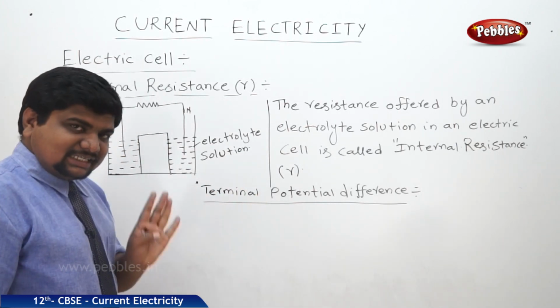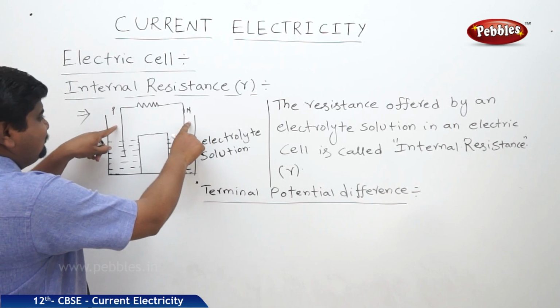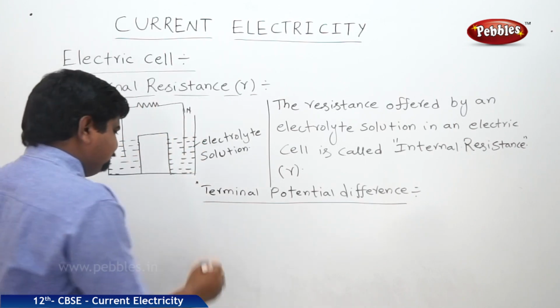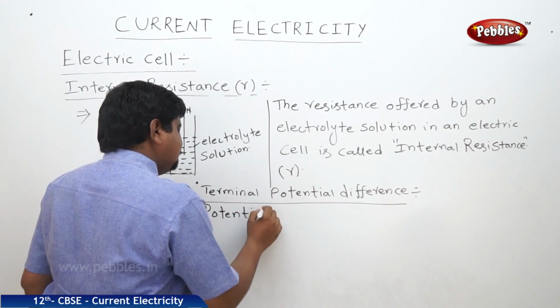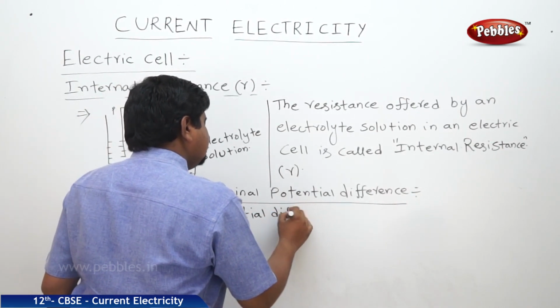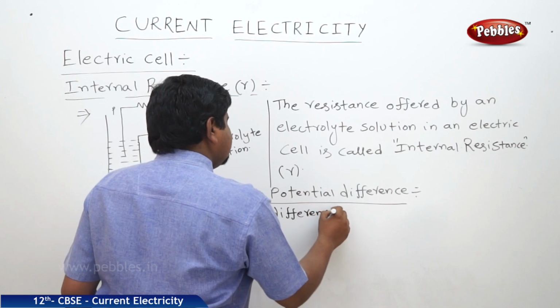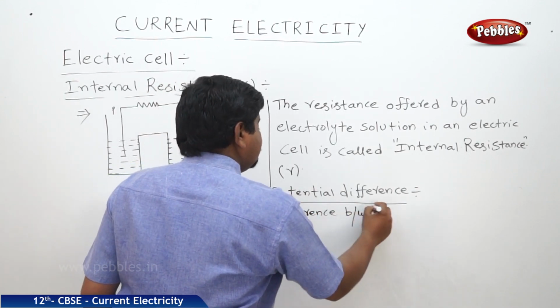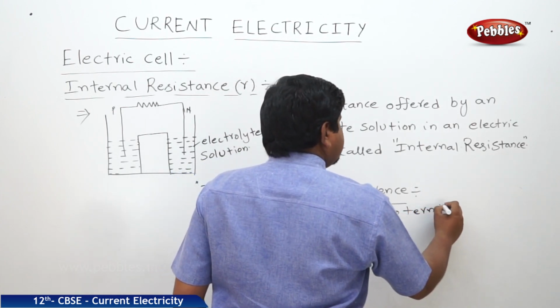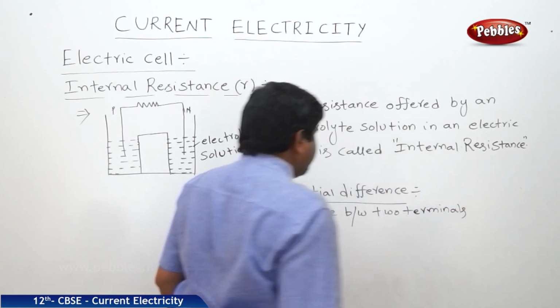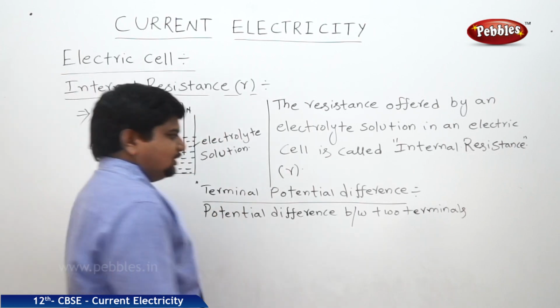Terminal potential difference is nothing but the potential difference between the two terminals of a cell. In case of terminals, we can write electrodes also.